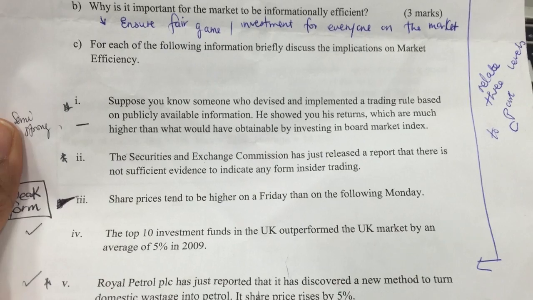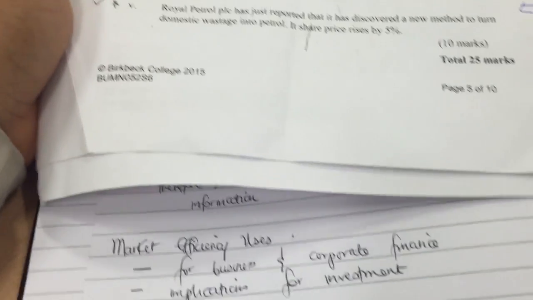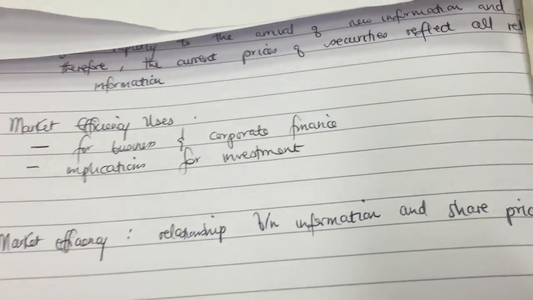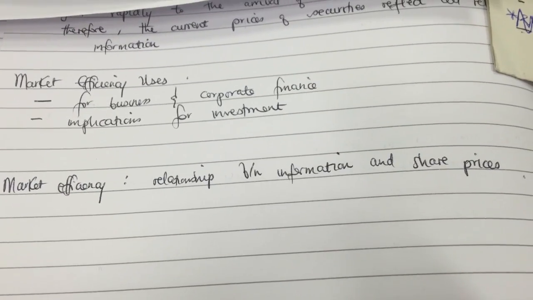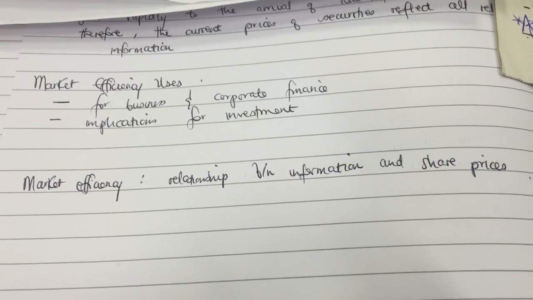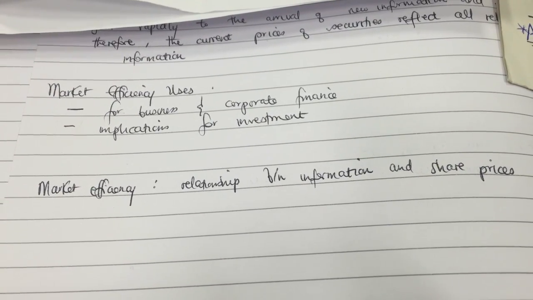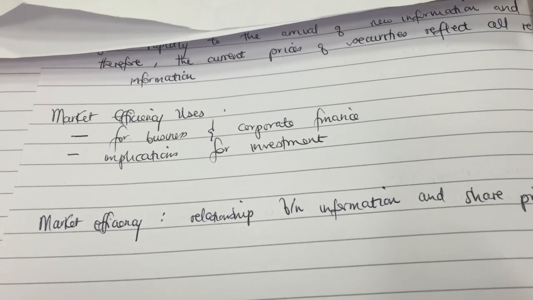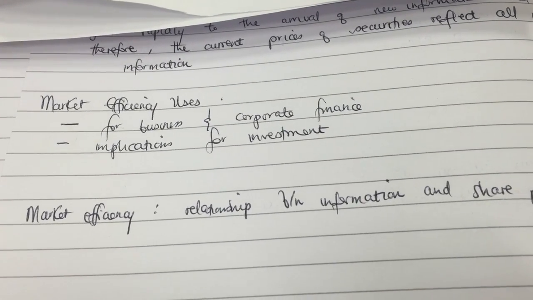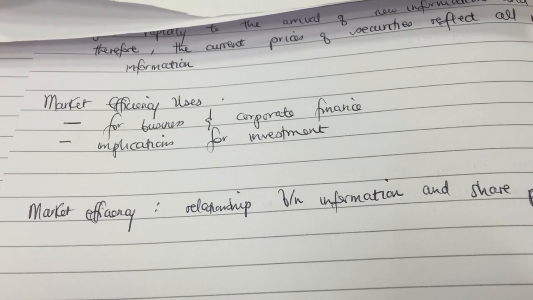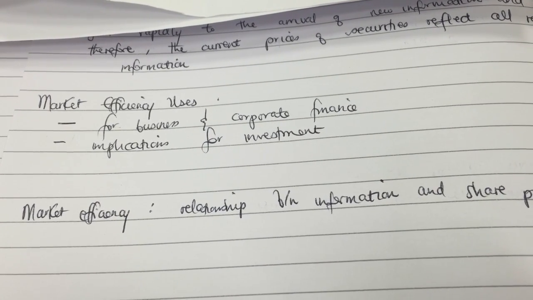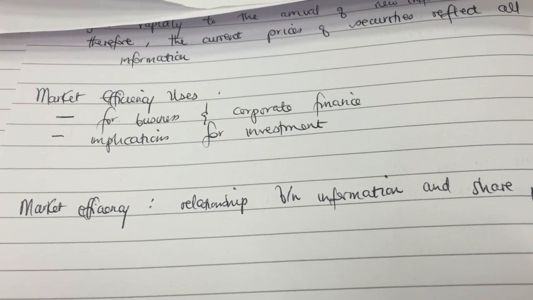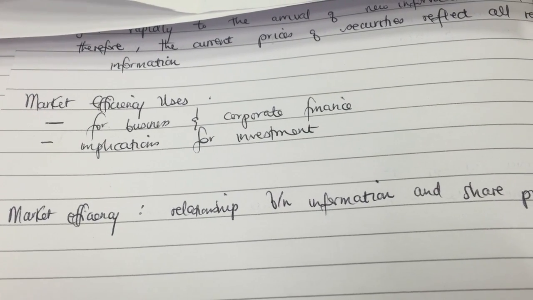So let's start. What is market efficiency? Market efficiency is the relationship between information and share prices, and that's all you need to know, just for you to understand. Then the uses of market efficiency is for business and corporate finances, and also for implications for investment.